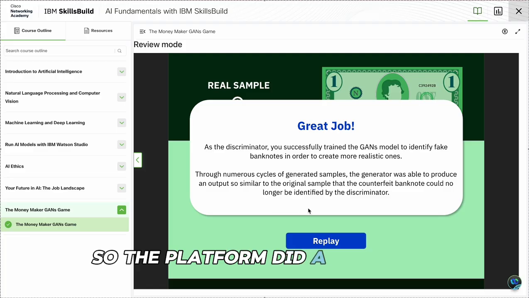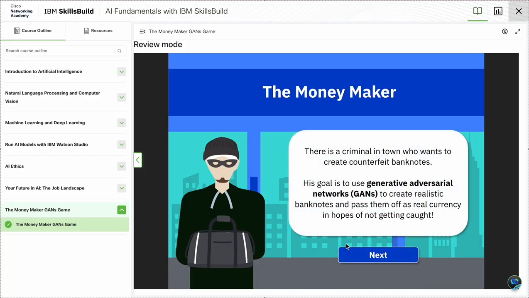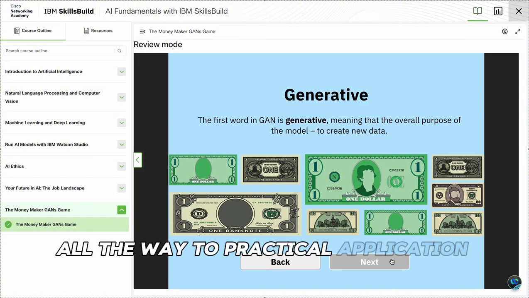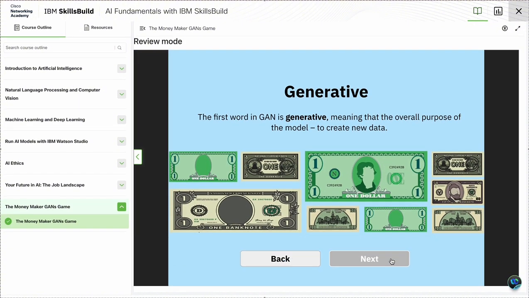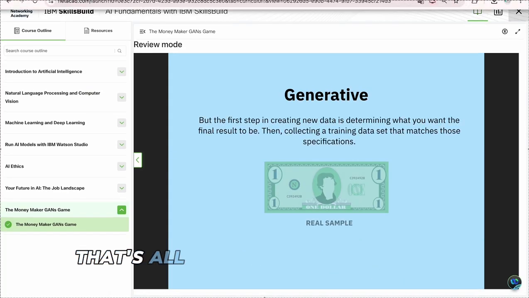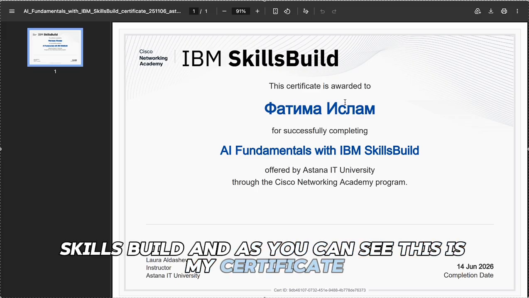The platform did a great job structuring the material and taking us from simple theory all the way to practical application in IBM Watson. So that's all. At the end of this course, we got the certificate from IBM SkillsBuild, and as you can see, this is my certificate.